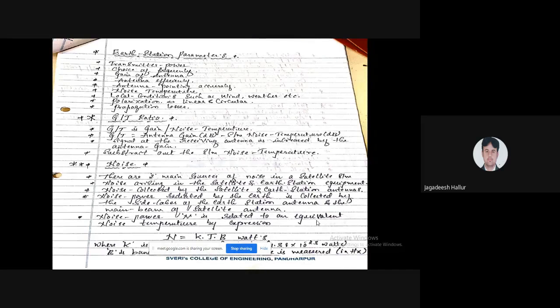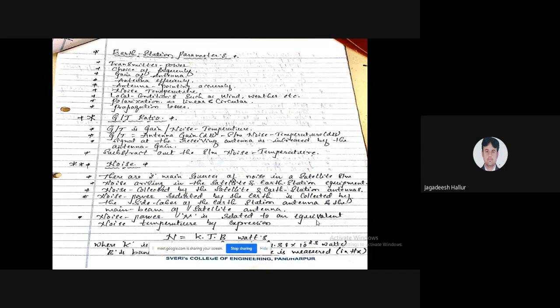So that is subtracted out of the system noise temperature. Whatever signal we get at the Earth station, if noise is present, we have to subtract that noise, and calculate the accuracy, efficiency, and gain of that signal.